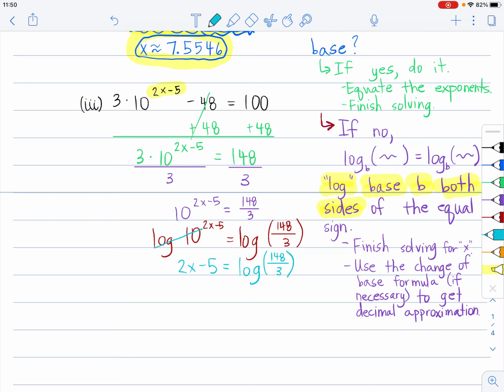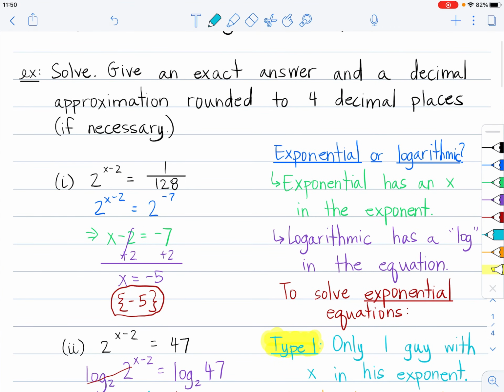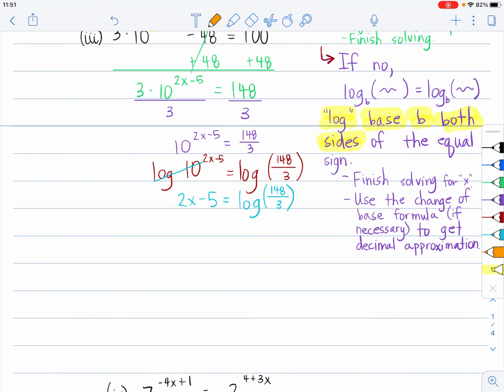I cannot put that in my calculator and get a yucky decimal until the very end because I am asking you for an exact answer. You are headed to calculus, and there we do exact answers, exact answers, exact answers. We don't like yucky decimals unless we have to. So next I'm going to plus 5, which gives me 2x equals log of 148 divided by 3, plus 5 is outside there.